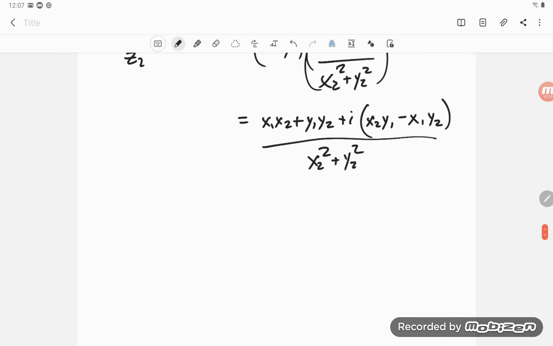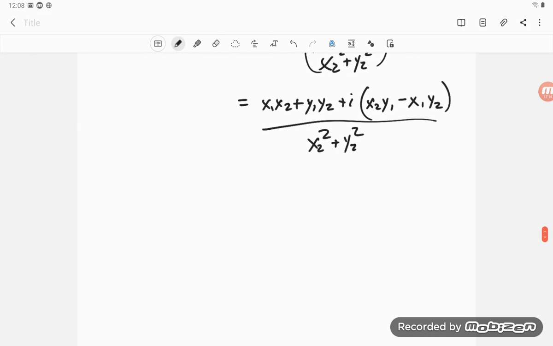Now another way you can do that division is that, if I have just written it as x1 plus iy1 divided by x2 plus i y2, well, to fix this, we do multiply by that thing called the conjugate.